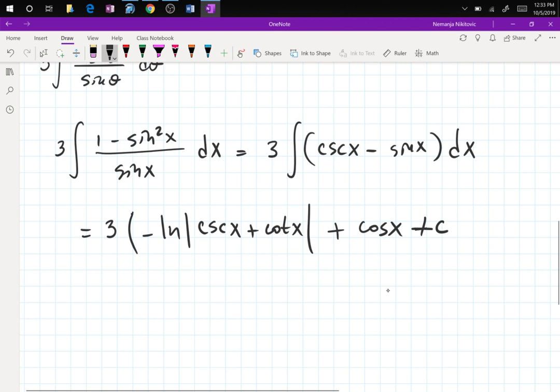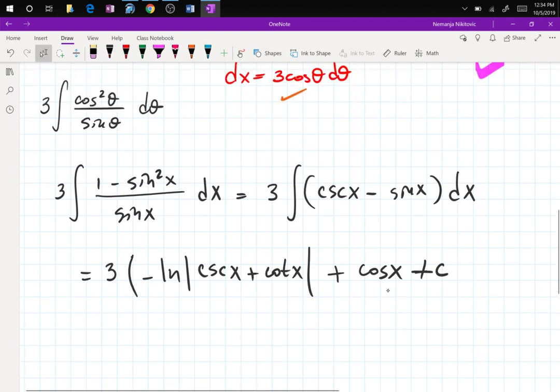And unfortunately, the pain doesn't end here. Hold on. Do you see what I did? It's terrible. These are all thetas. They're all thetas because we have to go back to x. Holy nightmare. I know. I know.